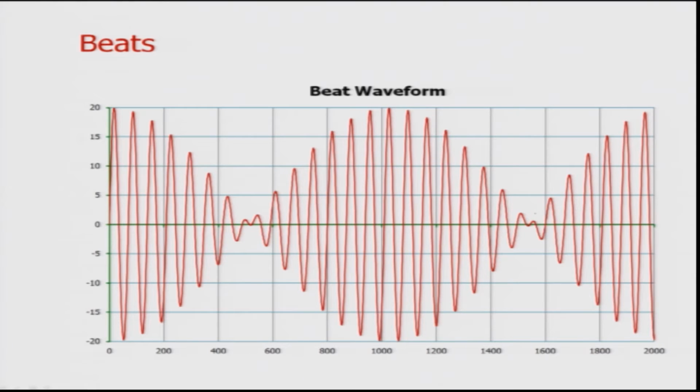It is just this fact that at certain points of time two waves constructively add, and at other times they add up in a destructive way. So the amplitude goes up and down progressively, and that is why we hear the beat waveform.